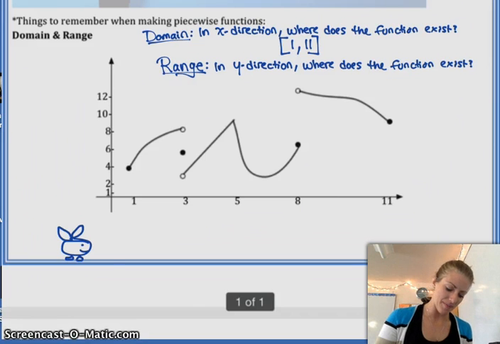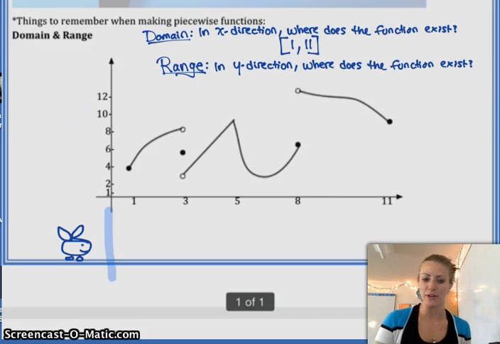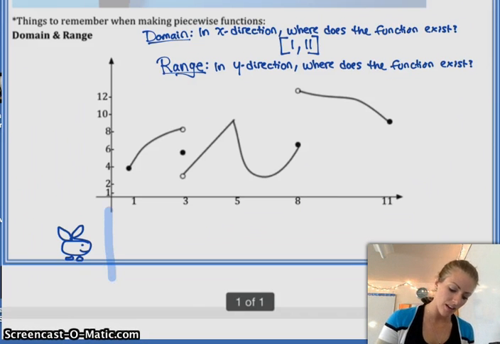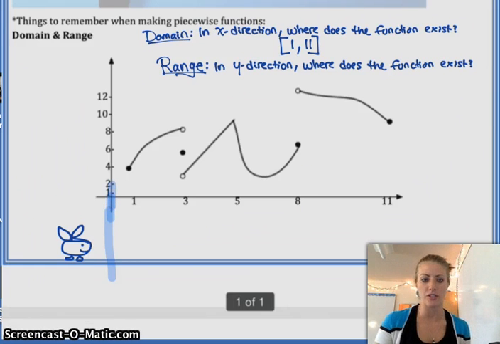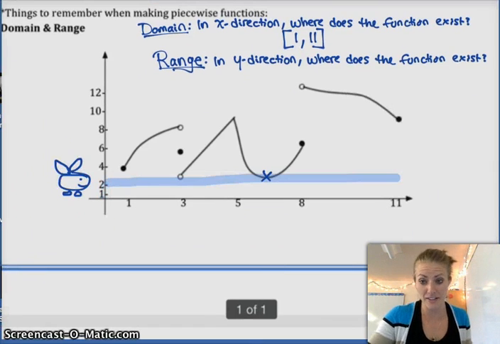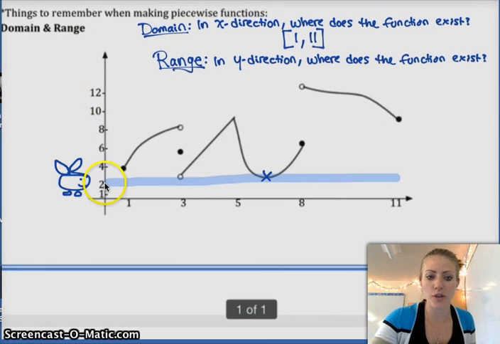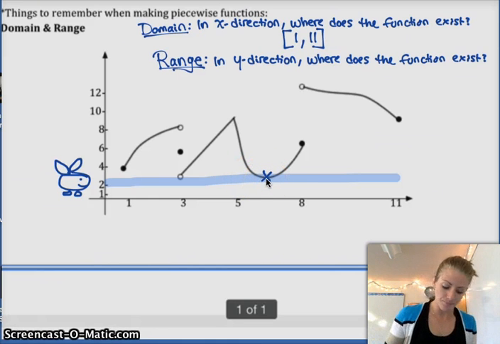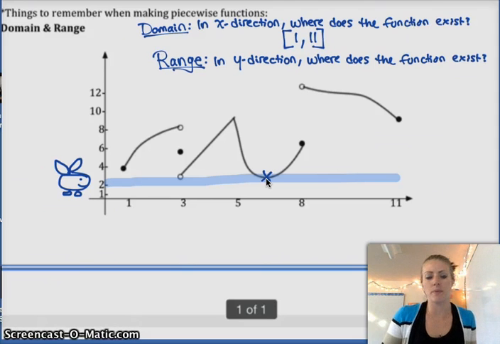As I float up, you want to find the lowest point where the function starts existing. I think in this case, it's at 2, where it hits the function right here. Then we keep going and figure out, are there holes anywhere else?